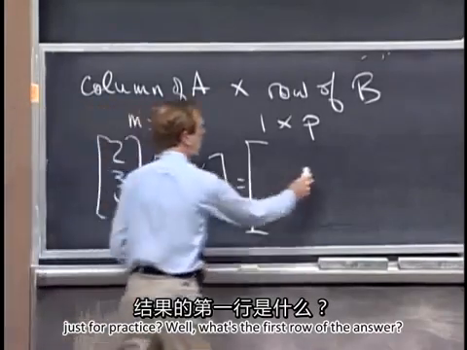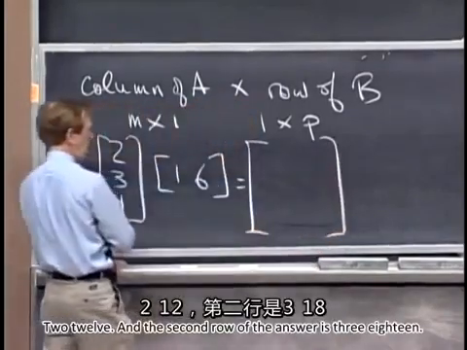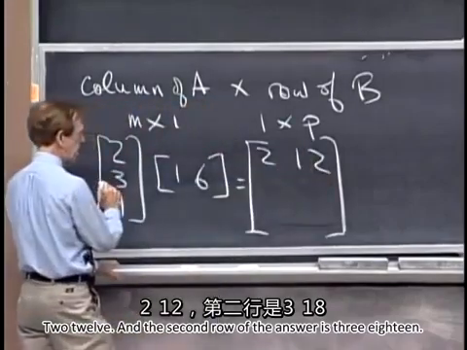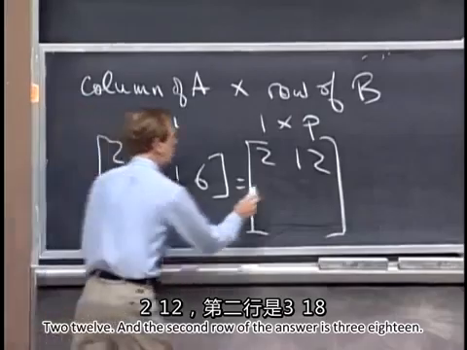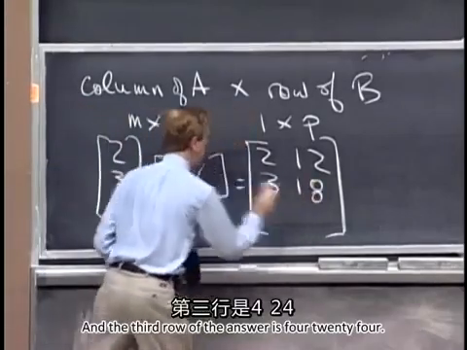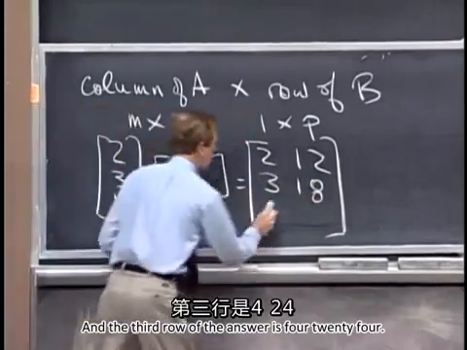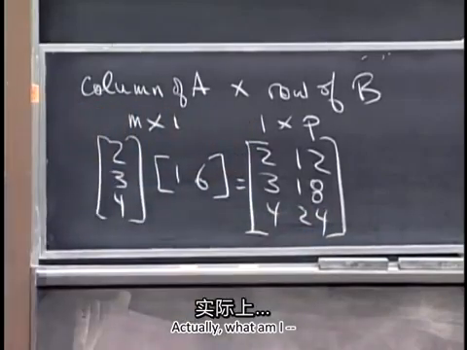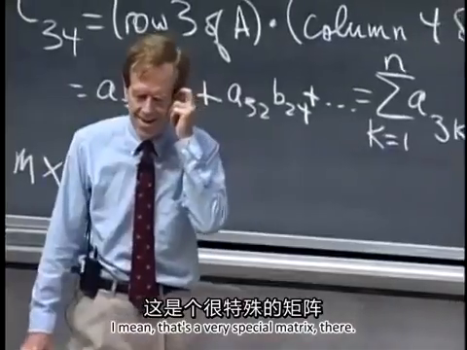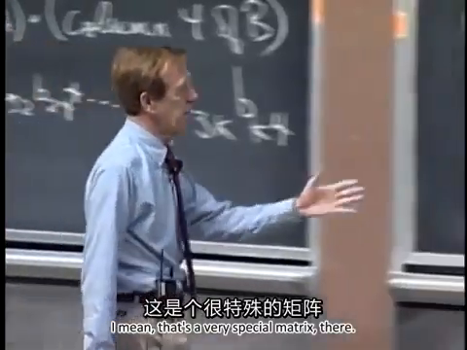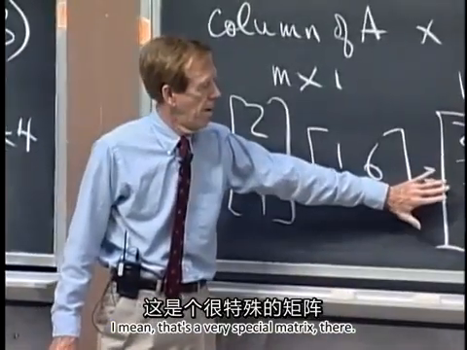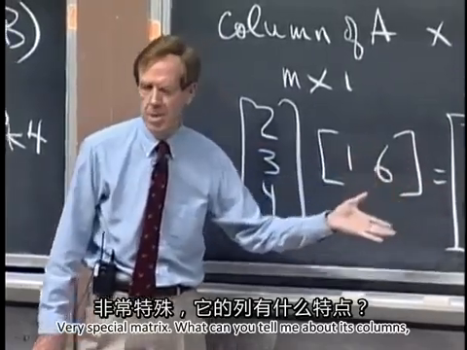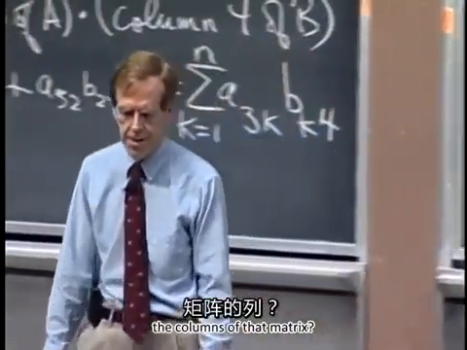Well, what's the first row of the answer? 2, 12. And the second row of the answer is 3, 18. And the third row of the answer is 4, 24. Actually, that's a very special matrix there. What can you tell me about its columns?